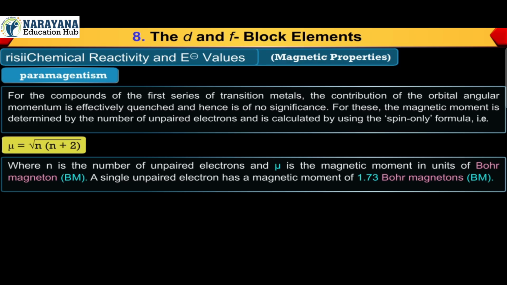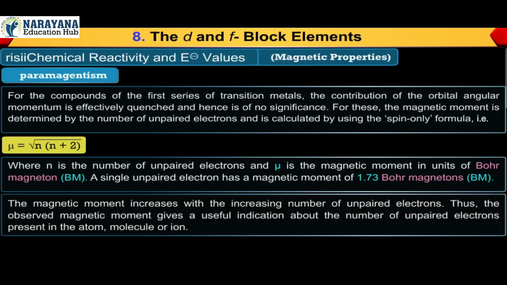A single unpaired electron has a magnetic moment of 1.73 Bohr magnetons. The magnetic moment increases with the increasing number of unpaired electrons.